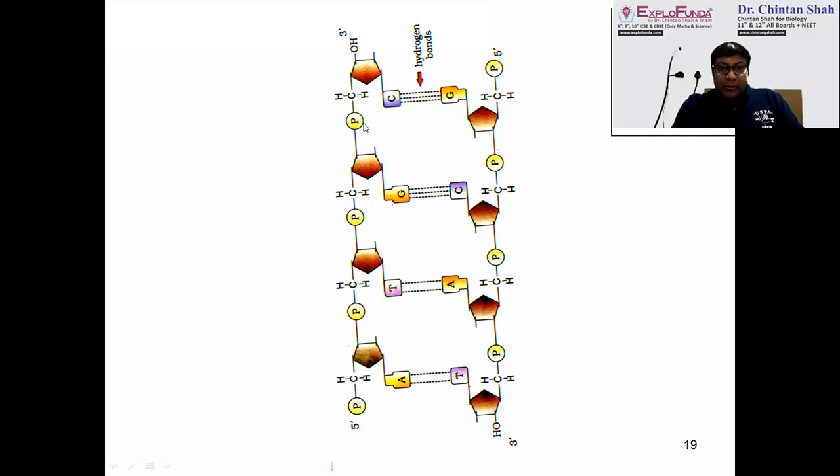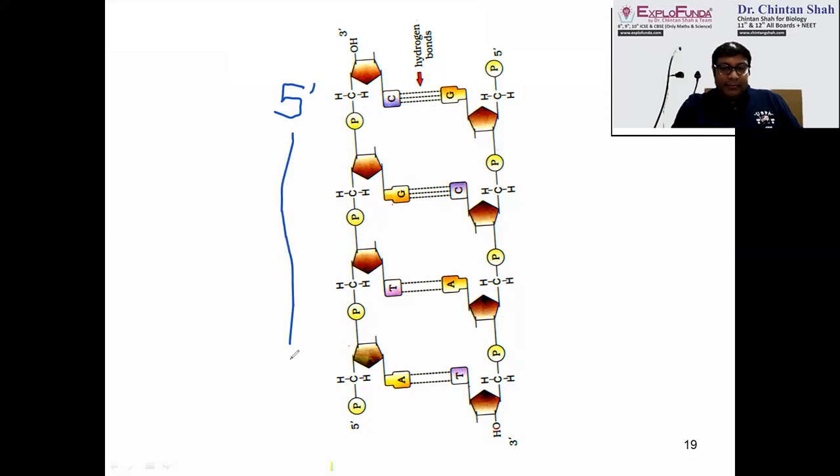So that is known as 5' to 3'. Again, the upper one has a fifth carbon and the lower one has its third carbon. So that's why this is known as 5' to 3'. So you can see it is always a 5 prime to 3 prime structure.